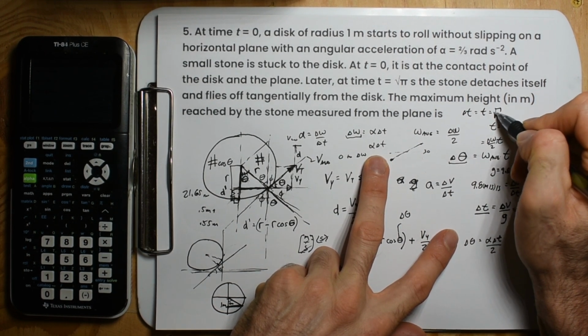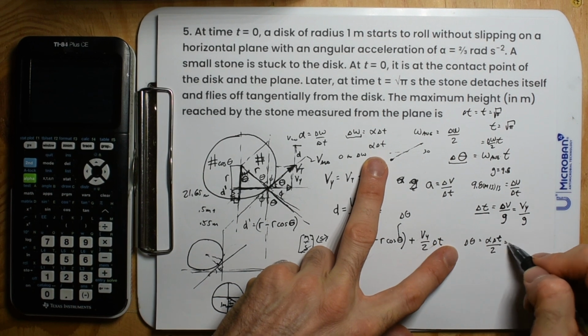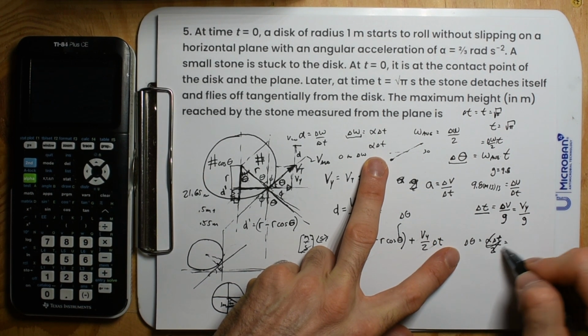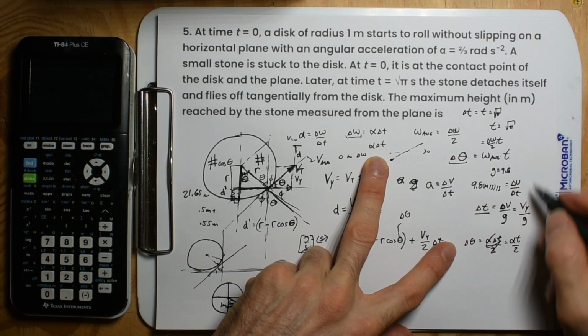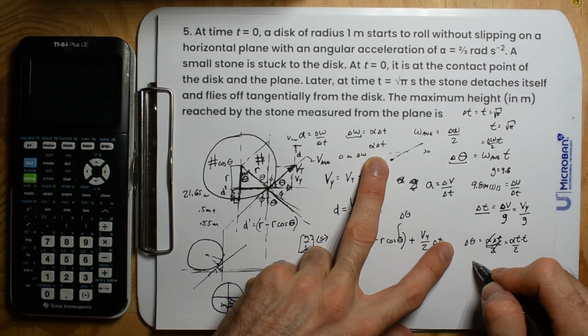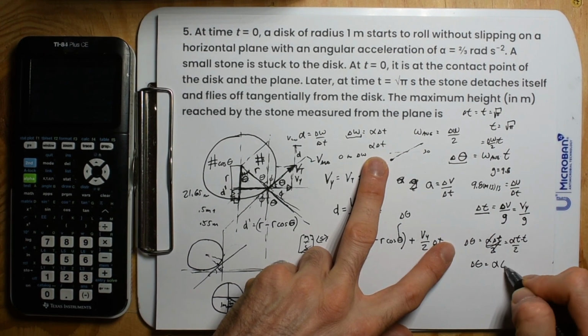So we have alpha t divided by 2, and then we multiply it by t again. So change in theta is alpha t squared divided by 2.